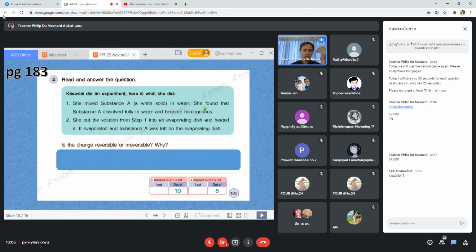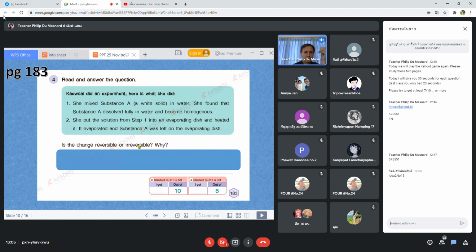So maybe it's salt or maybe it's sugar. And then she put this solution in an evaporating dish and then she heated. And then the water evaporated, and substance A was left on the evaporating dish. Okay. So first she dissolved it, and then she put the water on the stove and boiled the water, and now it's just a powder.